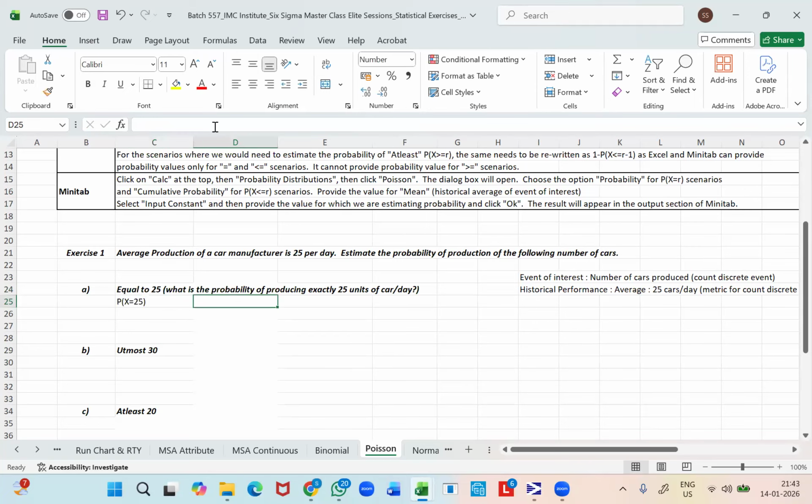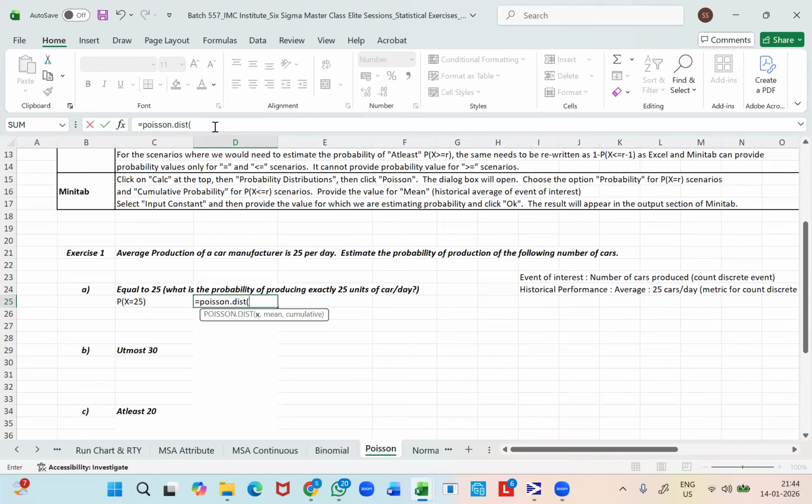For binomial distribution, we applied the Excel formula equal to binom.dist. For Poisson distribution, we will apply the Excel formula equal to Poisson.dist, and then open bracket. X is nothing but the X reference value, which was given as number in the binomial distribution formula.